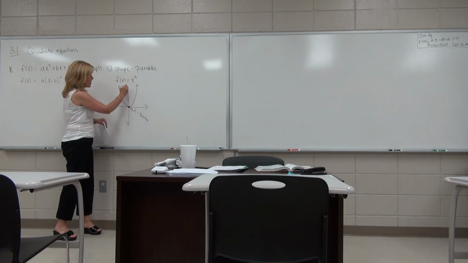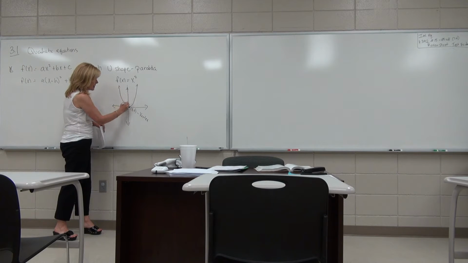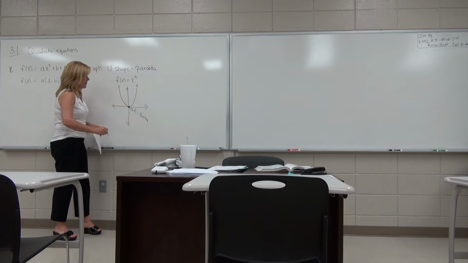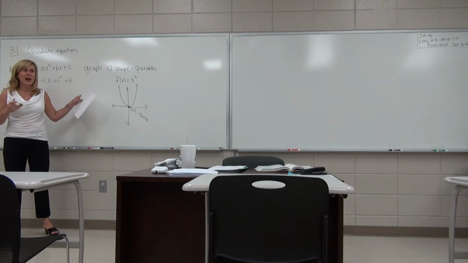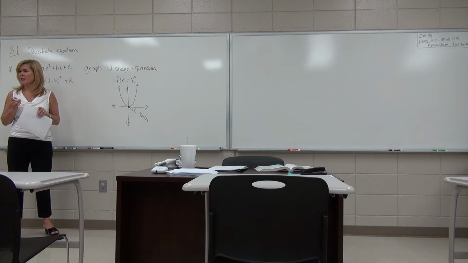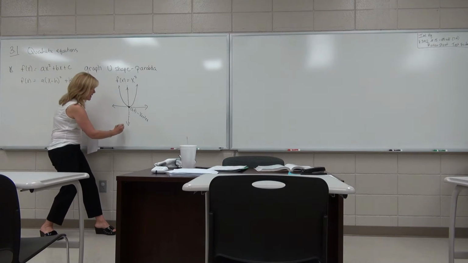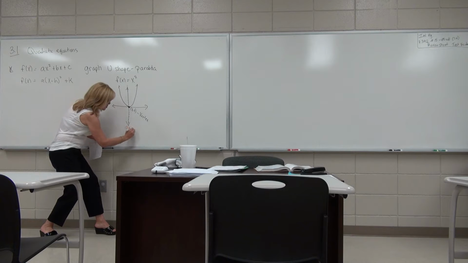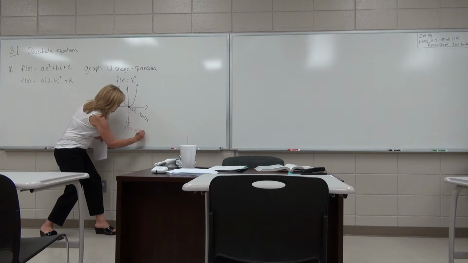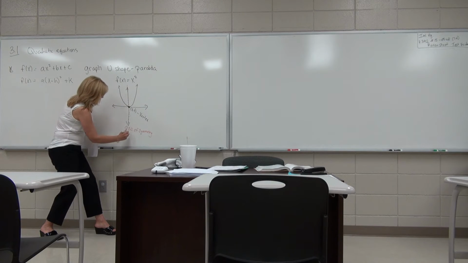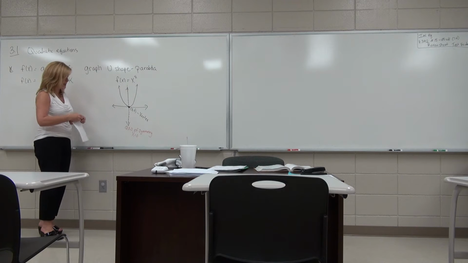If you had a mirror, and we're going to say our mirror is our y-axis here. If that little dotted line was a mirror, this graph looks exactly the same on both sides of it. Do you agree? So this line that goes through the vertex is called the axis of symmetry. And in this case, it's a vertical line, and it's x equals 0. That's your y-axis.